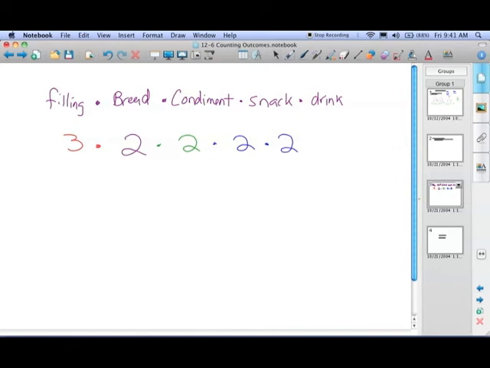So now, using the fundamental counting principle, you're simply going to multiply these numbers together. 3 times 2 is 6, times 2 is 12, times 2 is 24, times 2 is 48. There are 48 different possible sandwiches to be made using 3 fillings, 2 breads, 2 condiments, 2 snacks, and 2 drinks. 48 different ways for you to make your lunch.